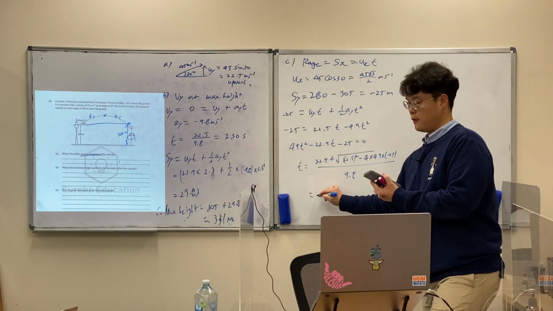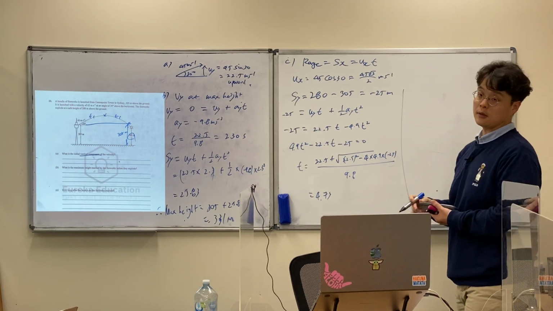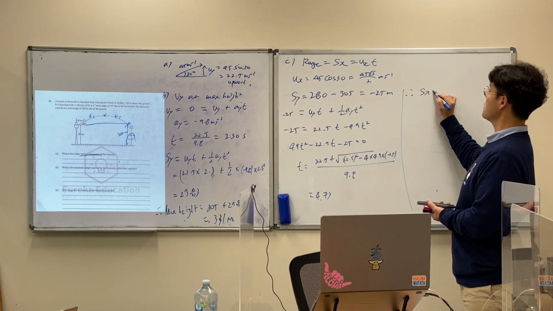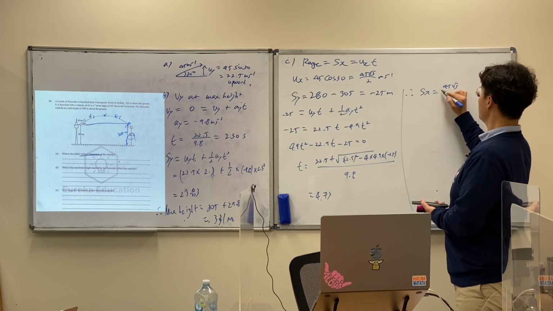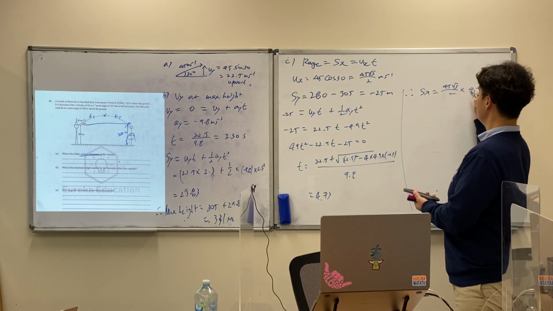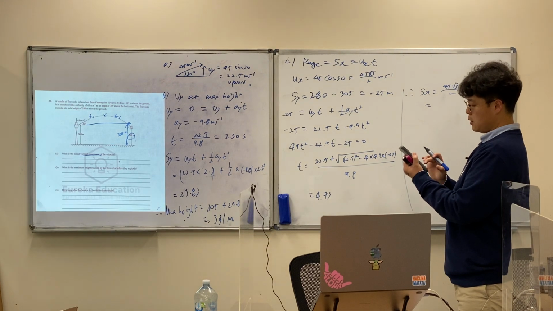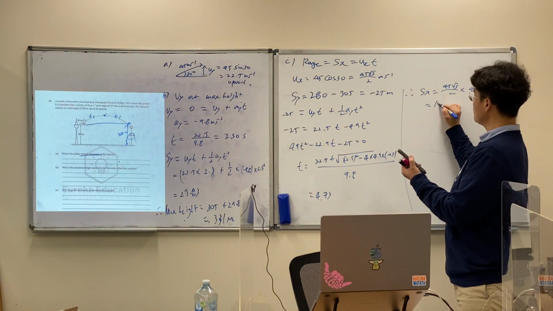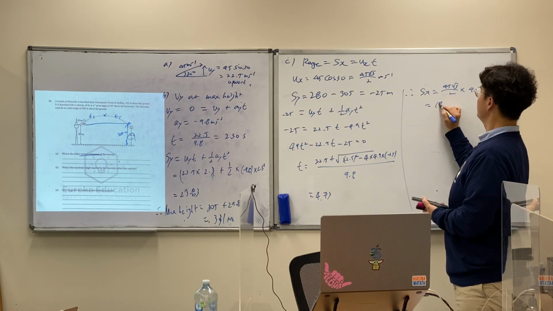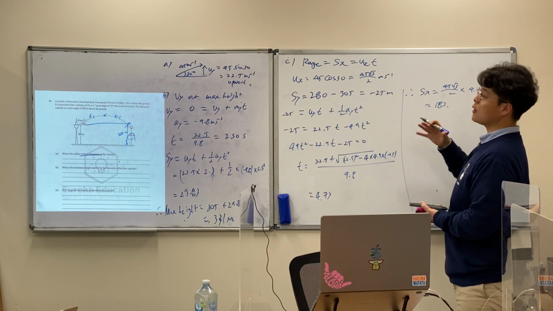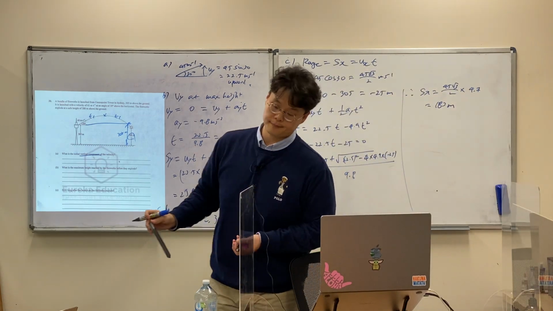You should get 4.7 seconds for the total time taken. Then Sx is 45 root 3 on 2 times 4.7, which gives you 183.2. In 3 sig figs, it would be 183 meters.